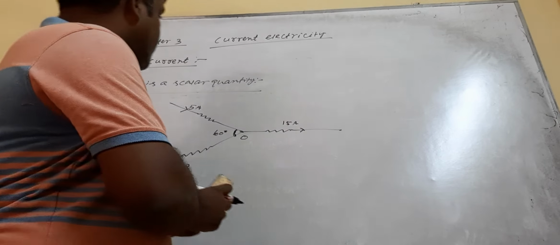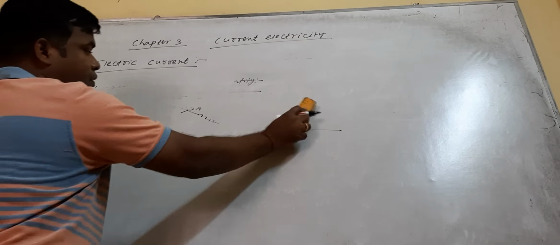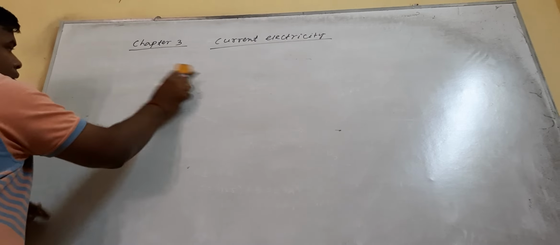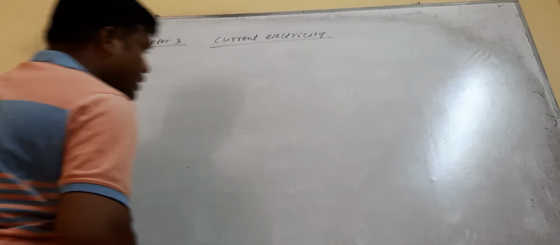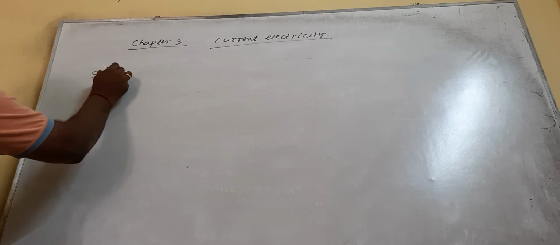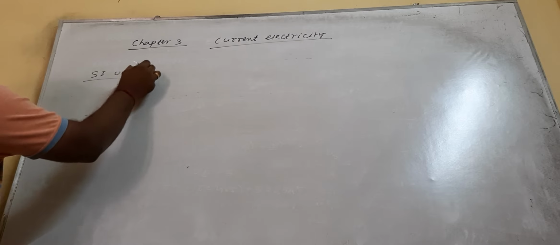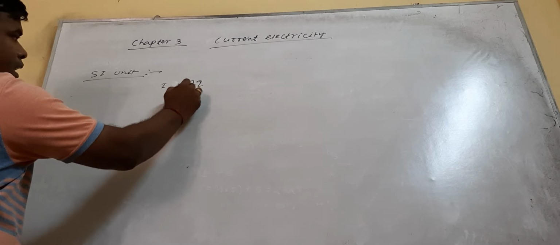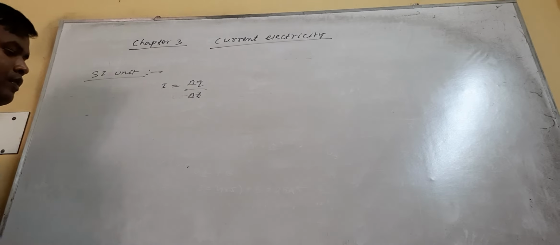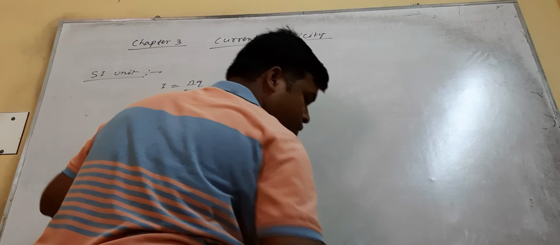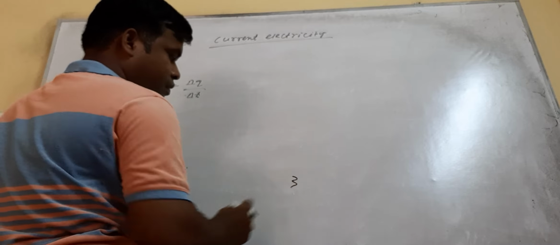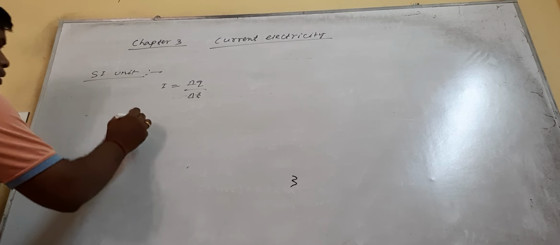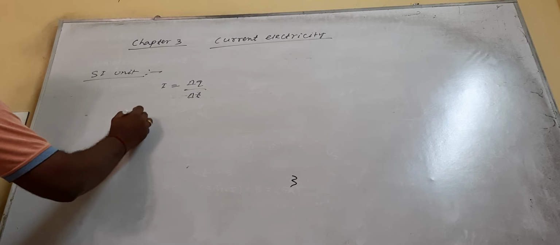Now come to the SI unit. I is equal to del q by del t. Do you remember the SI unit is ampere?